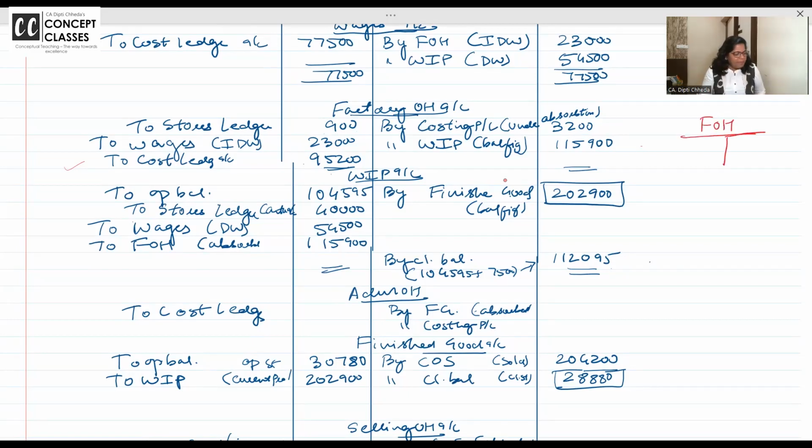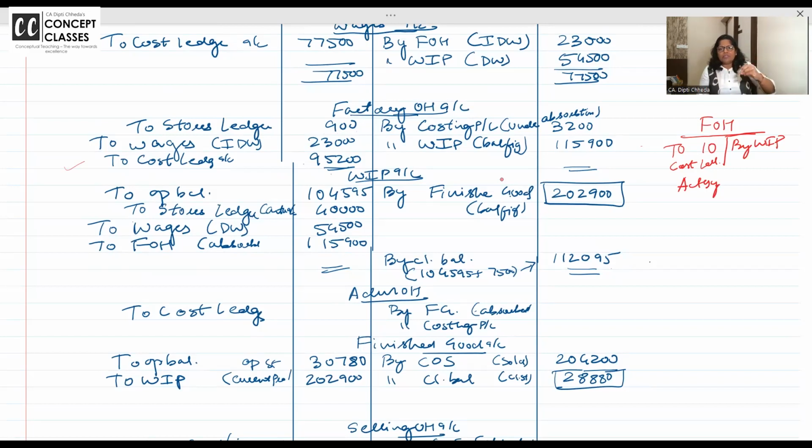Factory overhead or admin overhead or any overhead you have, on the debit side you write overhead account debit 10 rupees. This is like cost ledger. Factory overhead debit to cost ledger control account means your actual expense, but factory overhead is absorbed in work in progress at a predetermined rate, which you learnt in the overhead chapter.